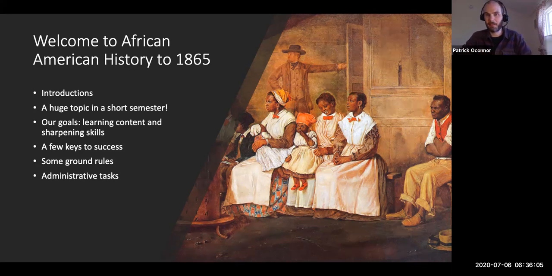Well, to 1865 is several centuries long, right? At the shortest possible time span, it dates from 1619, with the introduction of enslaved Africans to Virginia, up to the end of the Civil War.